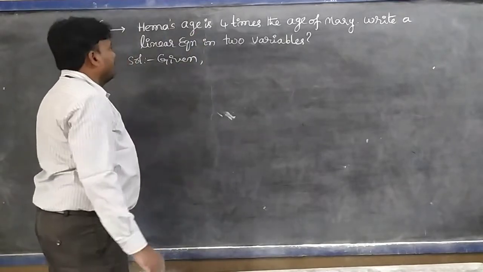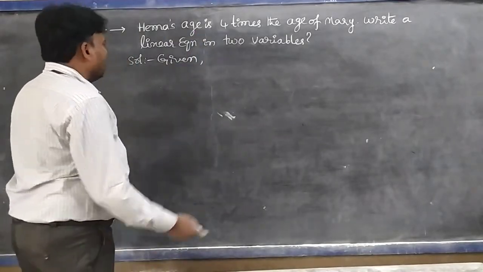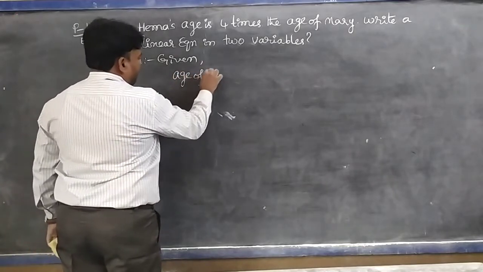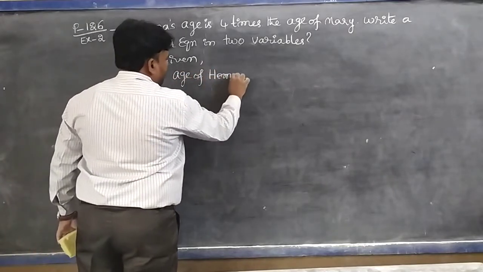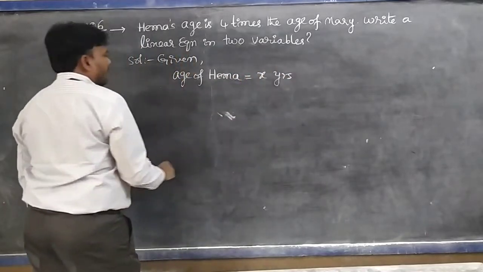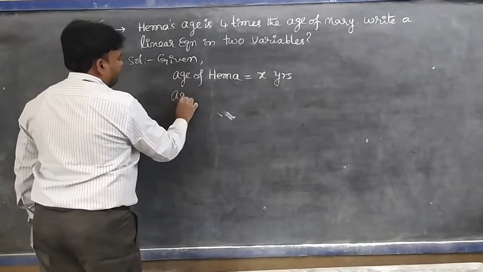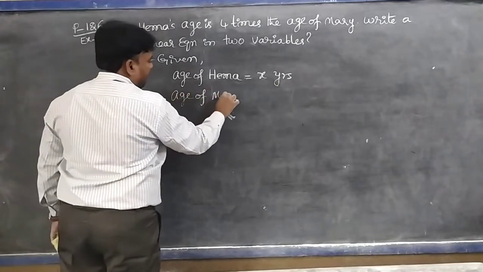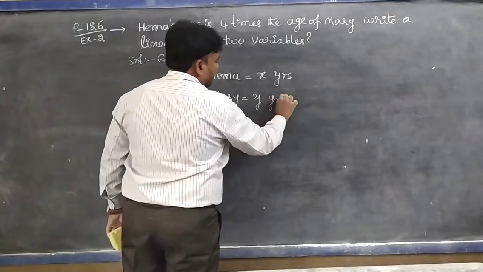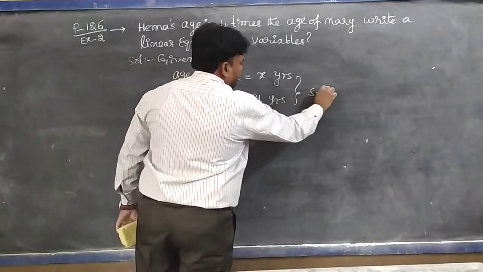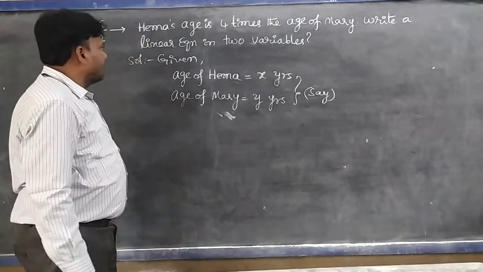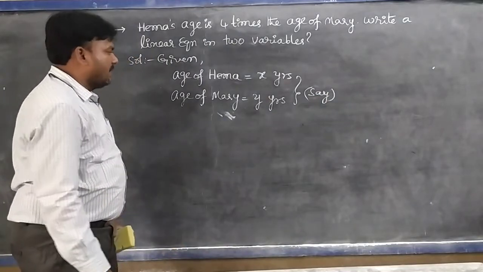Okay, let me consider age of Hema equal to x and age of Mary equal to y years. Age of Hema equal to x years, age of Mary equal to y years.